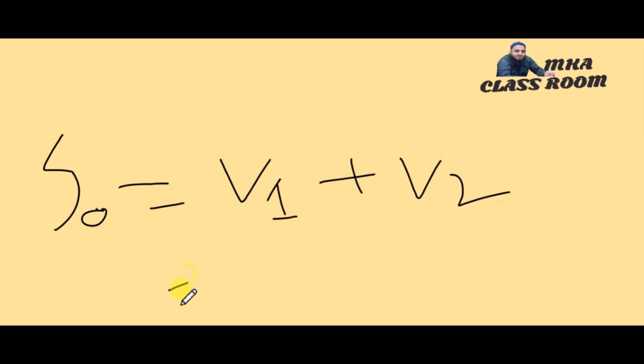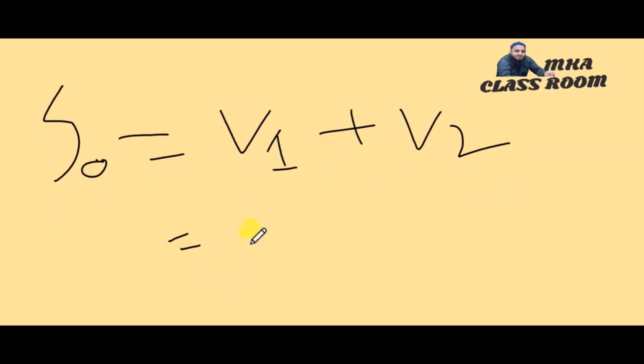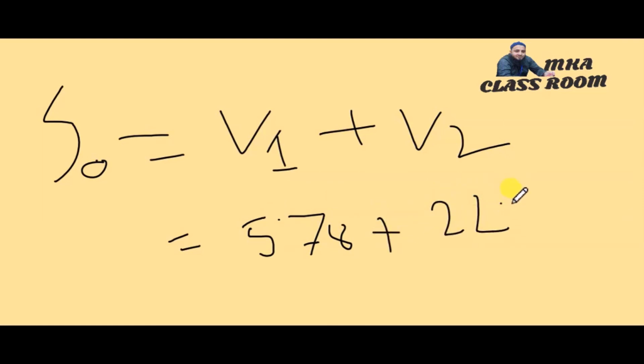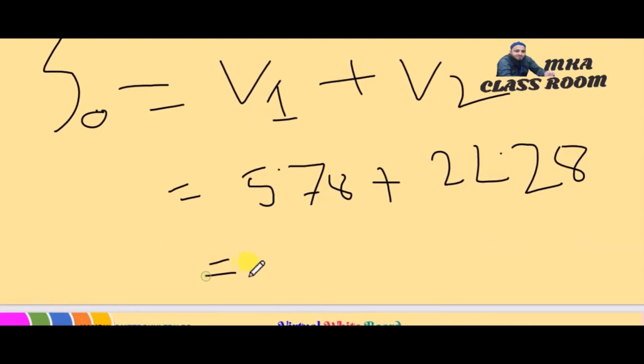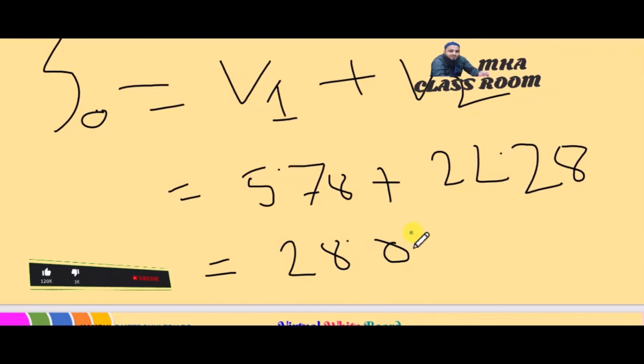V1 we found 5.78 plus V2 we found 22.28, then the intrinsic value of this problem is 28.06.